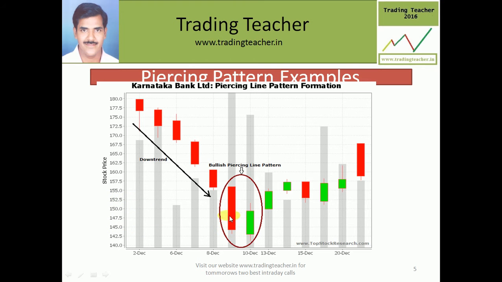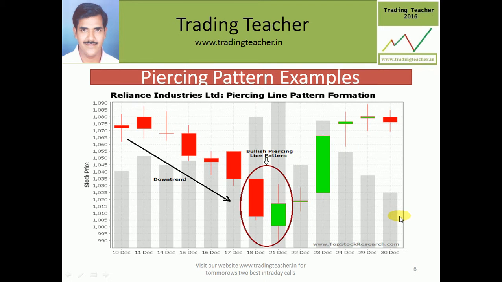The next day the market opened with a gap down and made a low of 142.5, and from that day the market closed at or above 50% of the previous candle. Then from the next day the market can go in an upward direction. This is a very simple interpretation. If you are short, after seeing this candle you can exit your position, and those who are not in a trade can buy here and wait for the stock to go up.